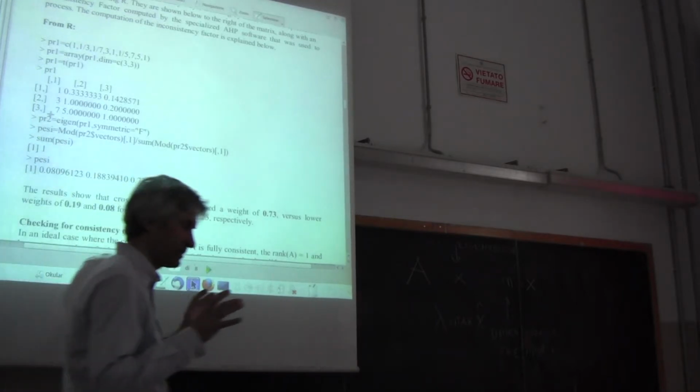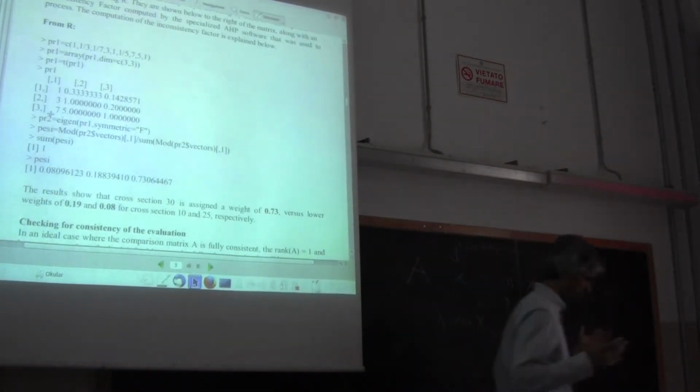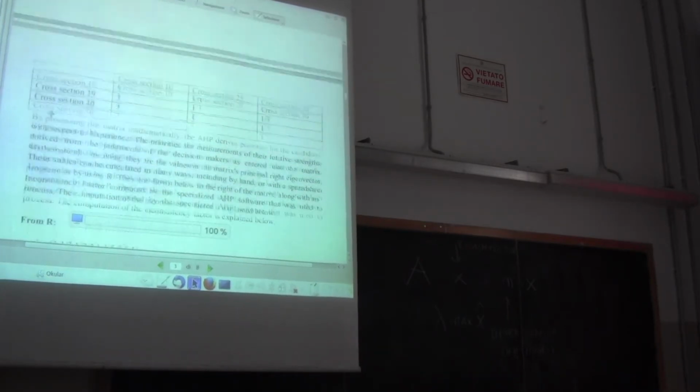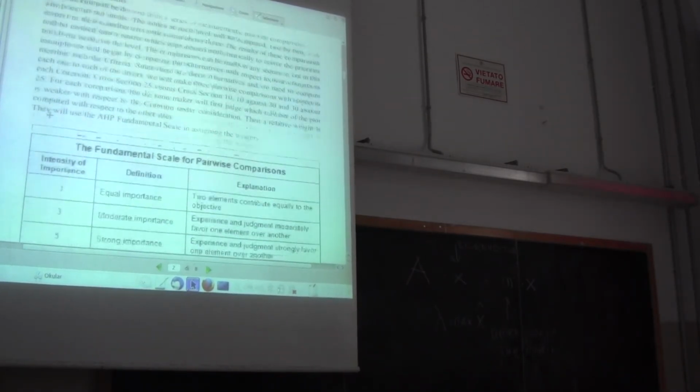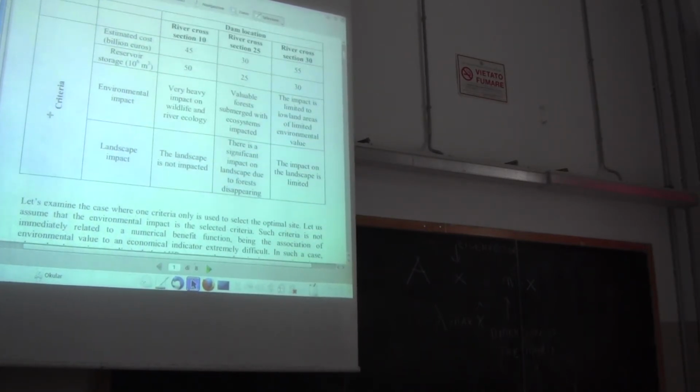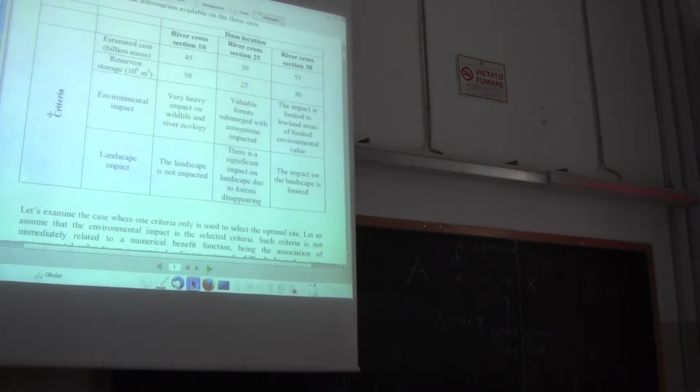Is this correct? Let's go back to the information. If they don't sum to 1, there is a mistake by me. Let's see, just in one second. You see that, in fact, cross-section 30 is the one with the limited impact.